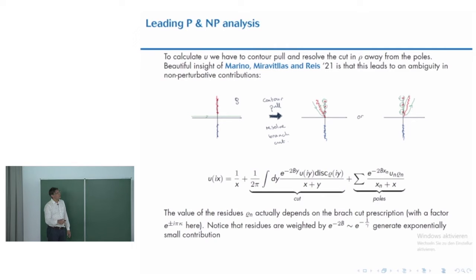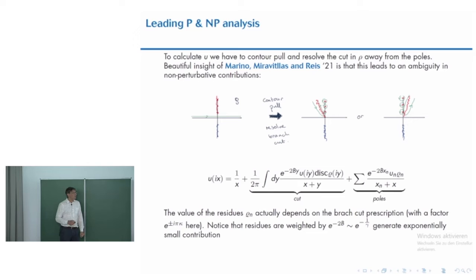Then our integral comes in two bits: an integration on both sides of the cut, so that's a discontinuity integral, and a finite, or possibly infinite, sum of residues. But there are two ways of doing it, and it turns out that the two different ways of doing this contour pulling give you two different answers.